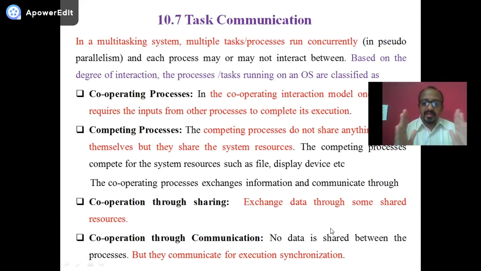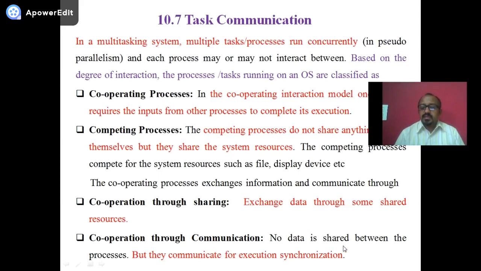These processes have to create them so that they can easily intercommunicate. That is also inter-process communication, the communication between the two processes, keypad and display in this example. Then there is cooperation through communication.